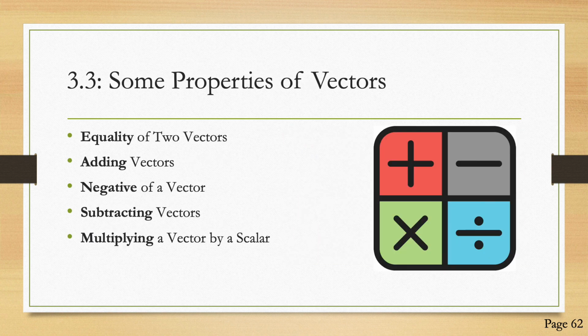Moving on to chapter 3, section 3, here are some properties of vectors. We're going to be looking at the equality of two vectors, adding vectors together, the negative of a vector, subtracting vectors from each other, as well as multiplying a vector by a scalar.